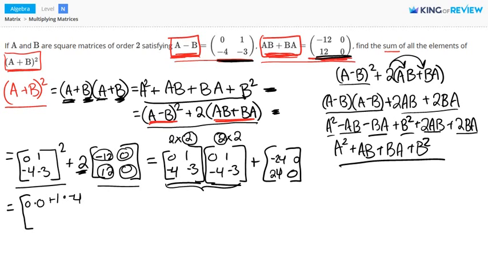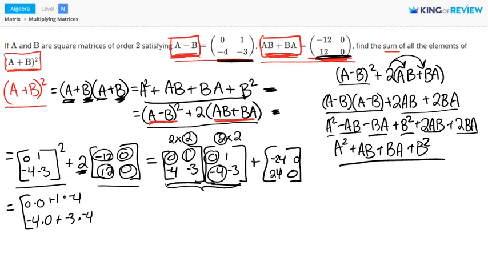The next entry is going to be negative 4 times 0 plus negative 3 times negative 4.